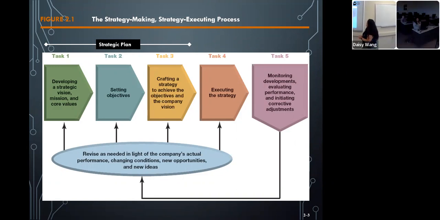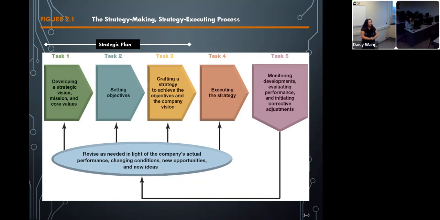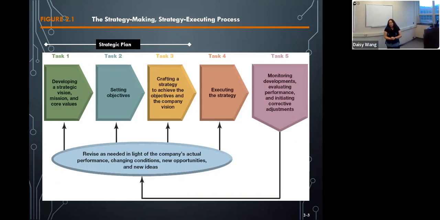Then we're going to monitor and evaluate what we need to revise, and then go back to see if we need to revise the objectives. A lot of companies change their earnings goal. Last week, FedEx said their earnings were not looking so good.